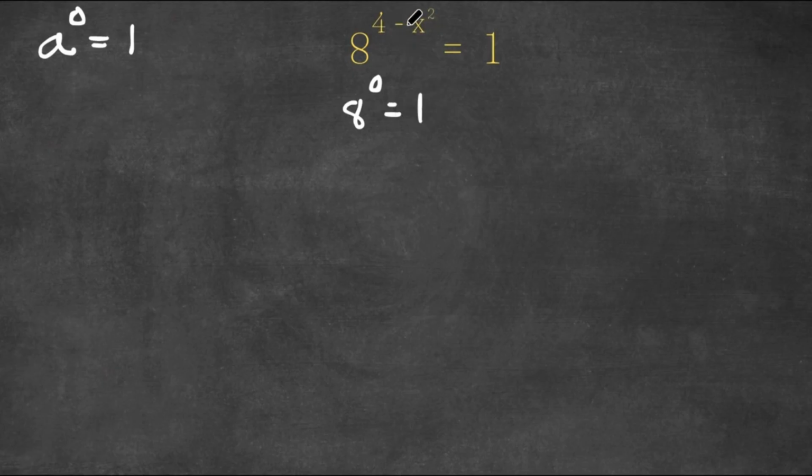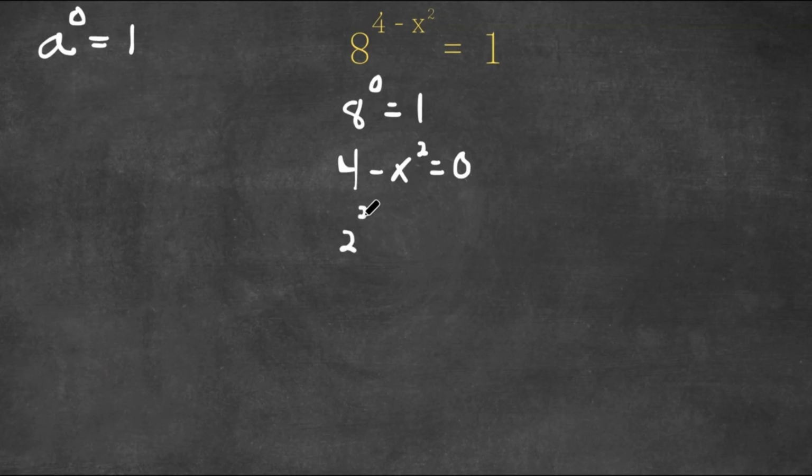So now all we have to do is set our exponent here, 4 minus x squared, to 0. So now we have 4 minus x squared is equal to 0. Now, 4 is equal to 2 squared.